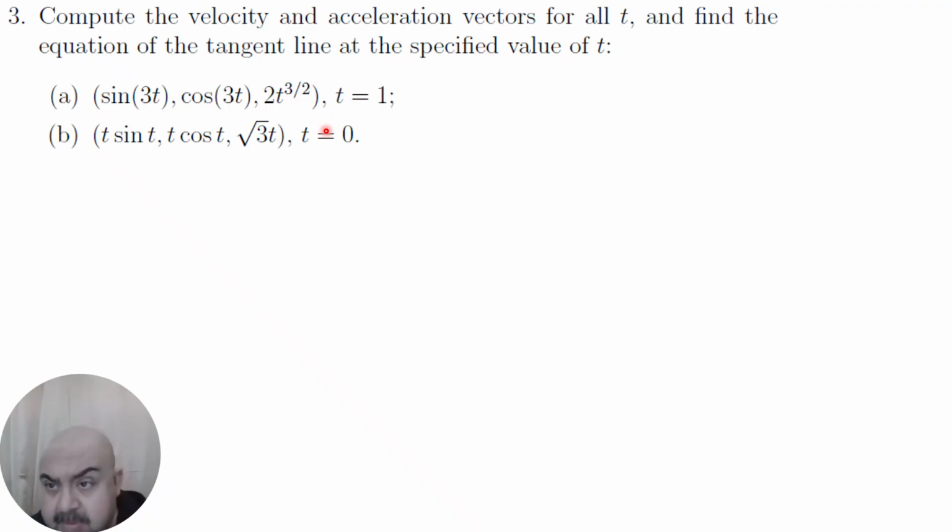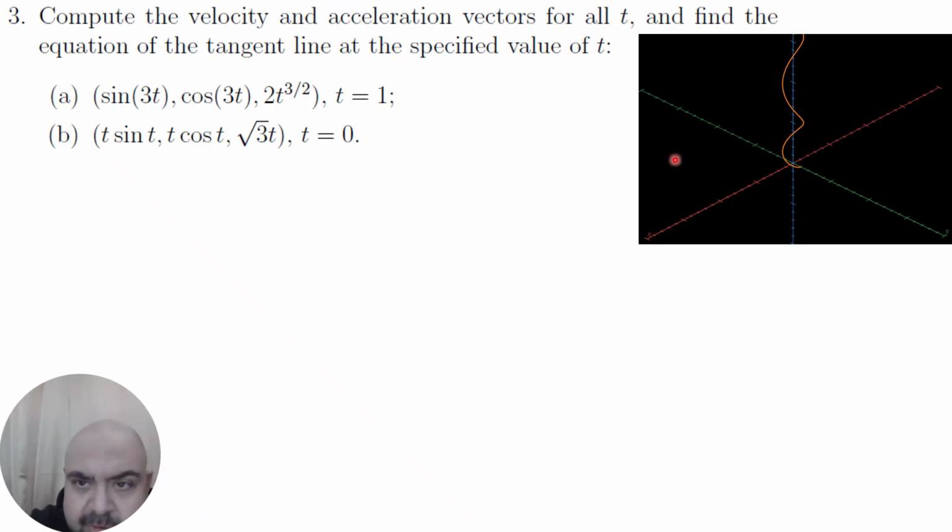But in this case, I will be able to get the equation of a straight line tangent really very easily. So I will start with the first one. It's sine 3t, cosine 3t, t to the 3 over 2, which is a part of a spiral, as you can see, while t is equal to 1. So this is r.